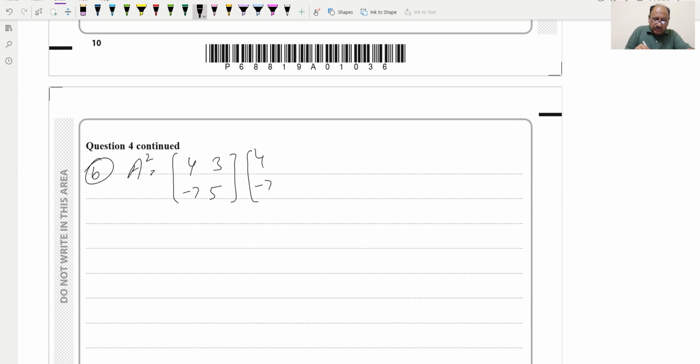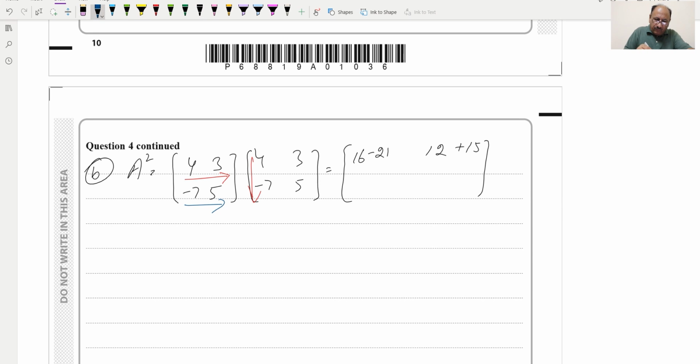First row, first column: 4 into 4 will be 16, plus 3 into minus 7 will be minus 21. First row, second column: 4 into 3 will be 12, plus 15.